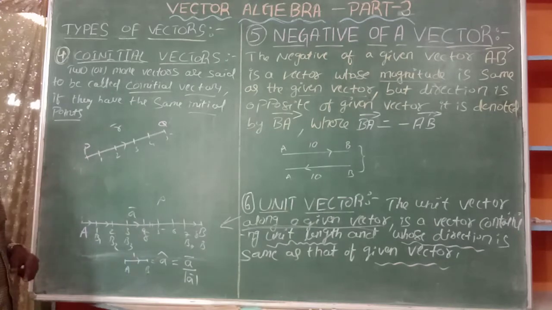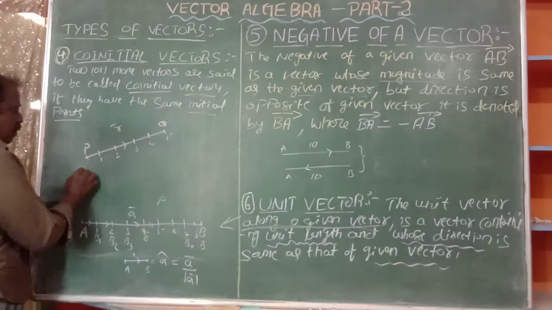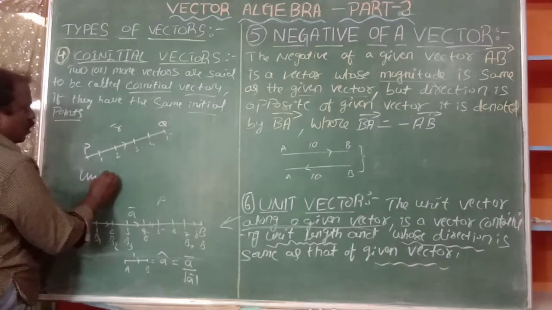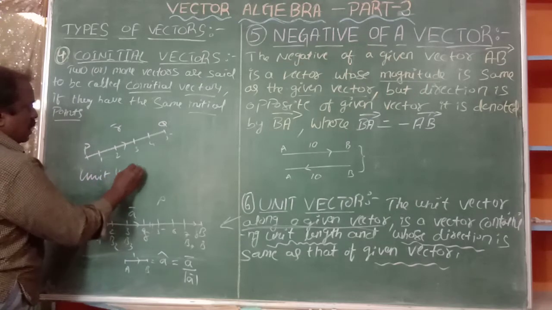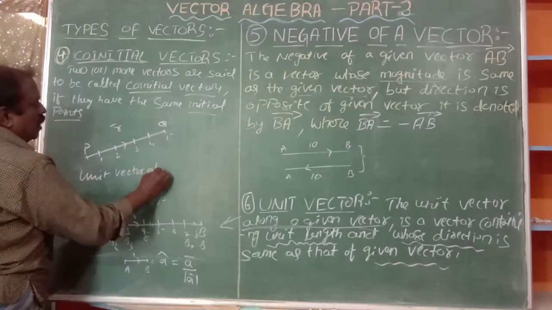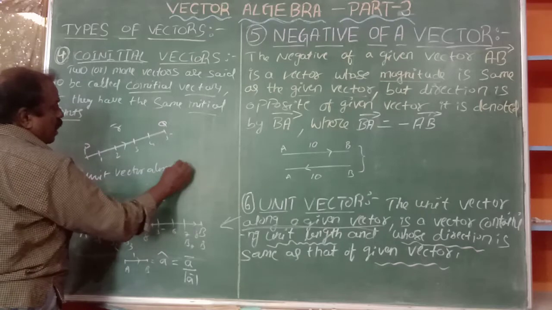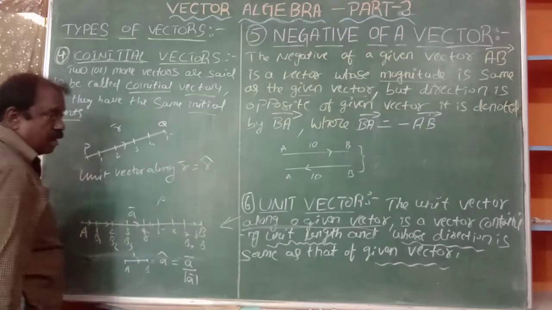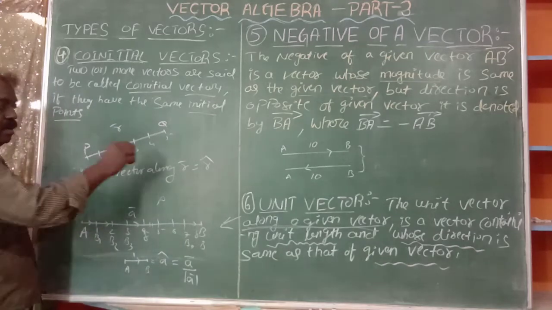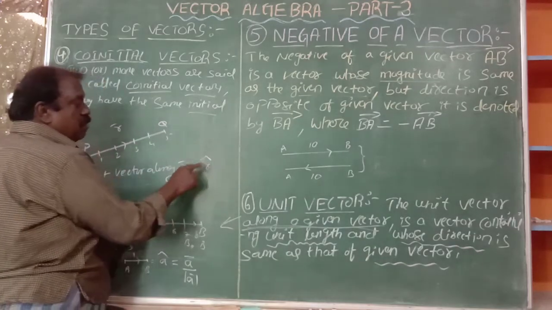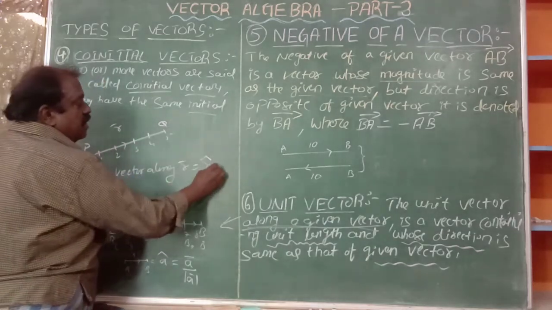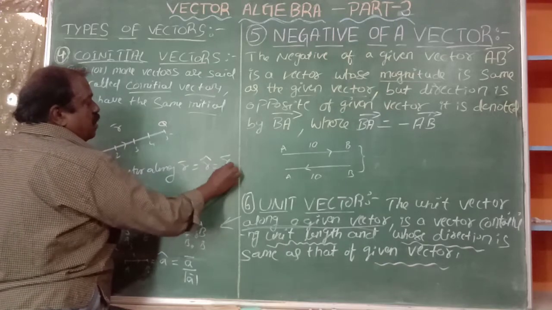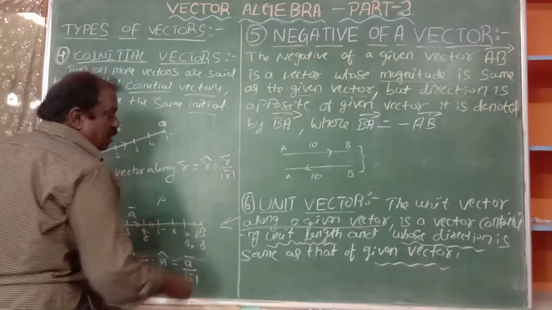PQ bar, of course. What is the unit vector along R bar? It is R cap. It is the notation R with a cap, not a bar, not an arrow bar. It is R bar by modulus R bar.